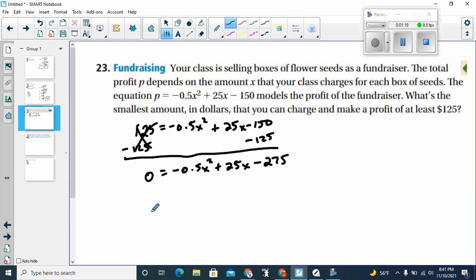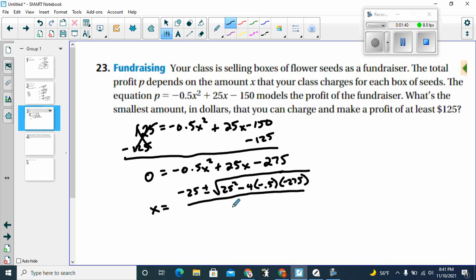Once our equation is equal to 0, we have x equals negative b. B is 25, so I have negative 25 plus or minus the square root of b squared minus 4 times a times c, all over 2 times a.